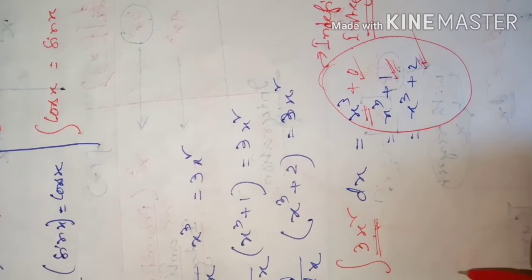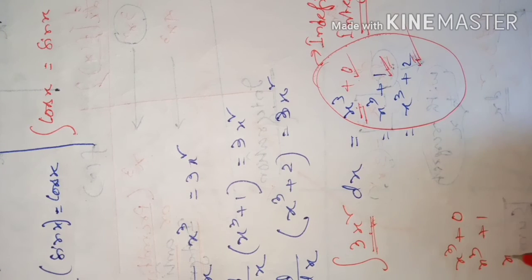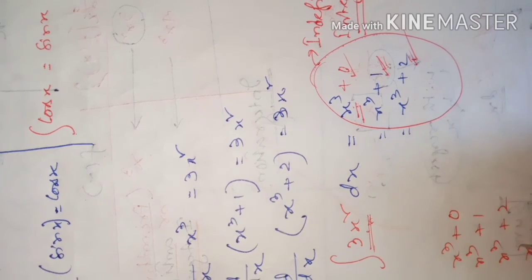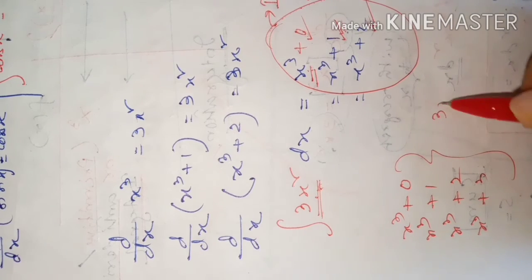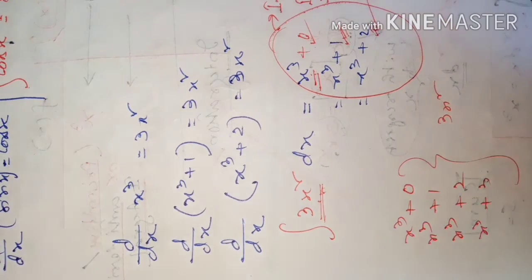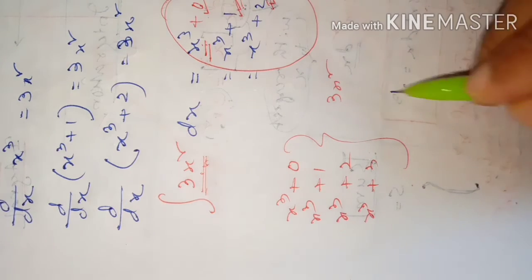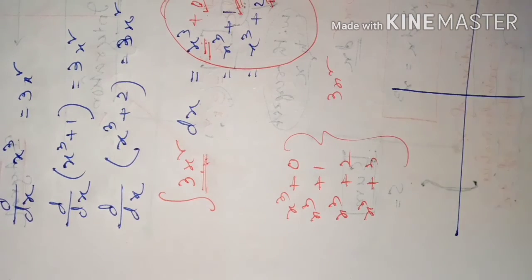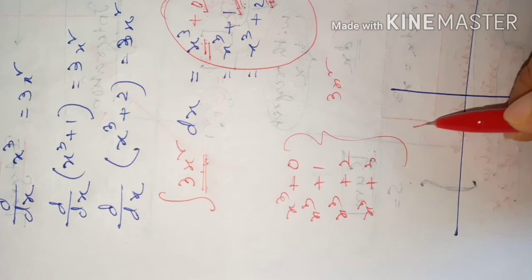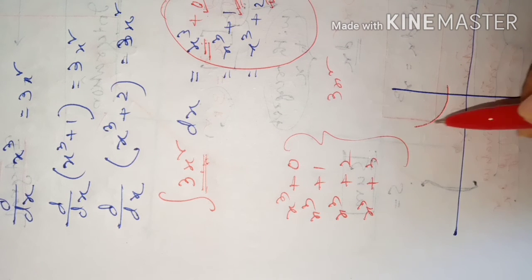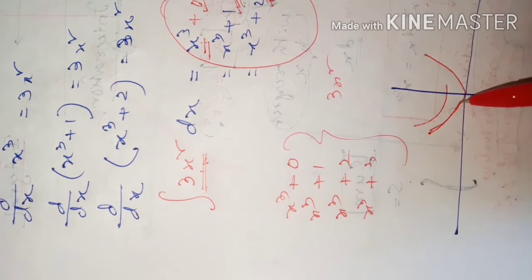So now we say x cube, x cube plus 1, x cube plus 2, x cube plus 3, all these are the integrals of 3x square. So that means we will get a family of curves. Just think here. Suppose this is the graph of 3x square.